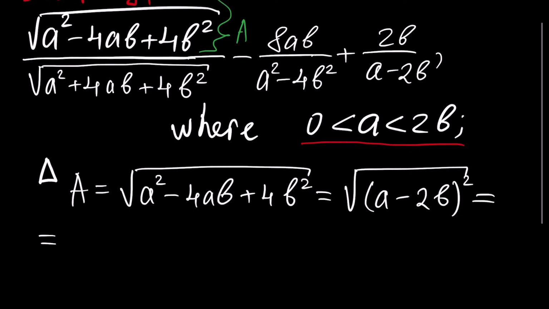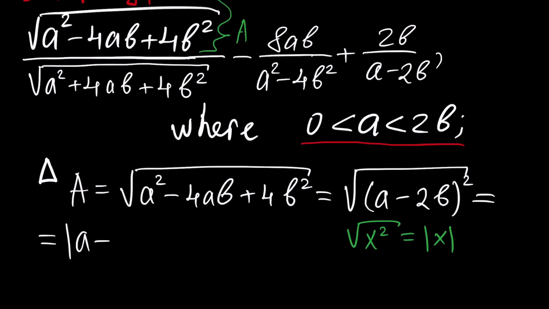And since we know that the square root of some number x squared is equal to the absolute value of x, we will have this equal to the absolute value of a minus 2b.